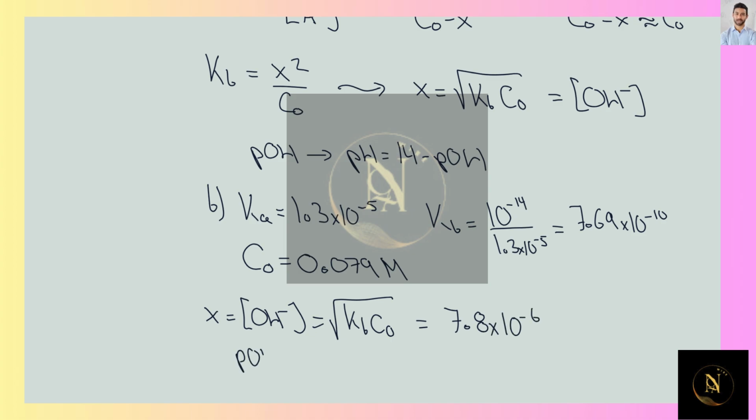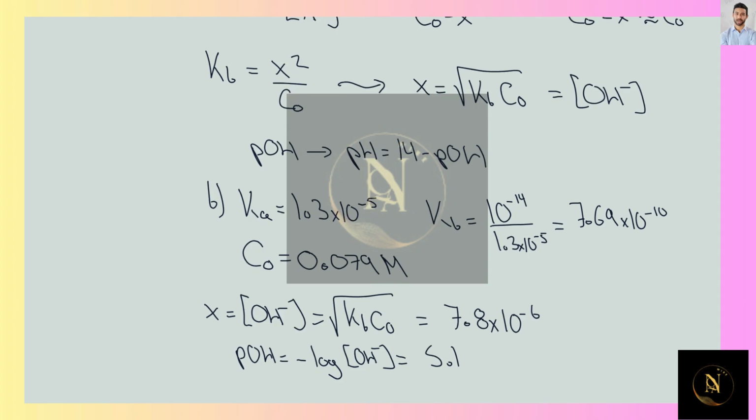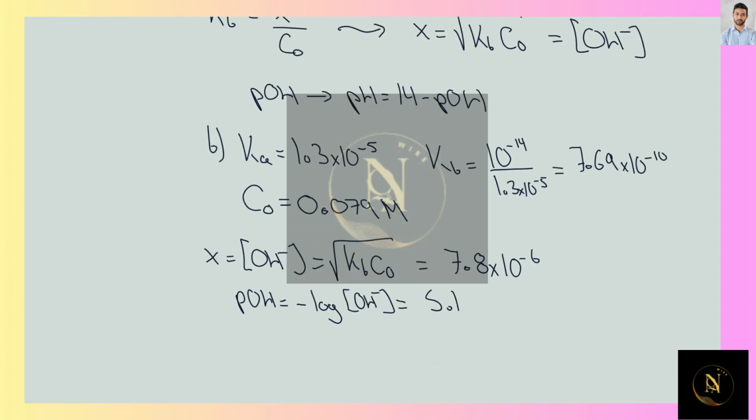The pOH is minus the logarithm of the concentration of OH minus, which is 5.1, actually 5.11 if you want to round it up to two decimal places. Thus, the value for pH, which is 14 minus pOH, at the equivalence point will be 8.89.